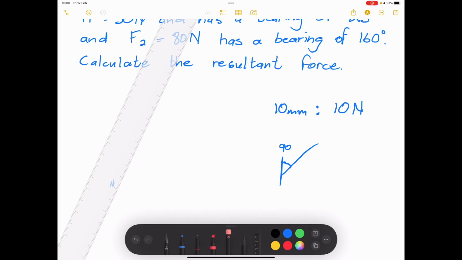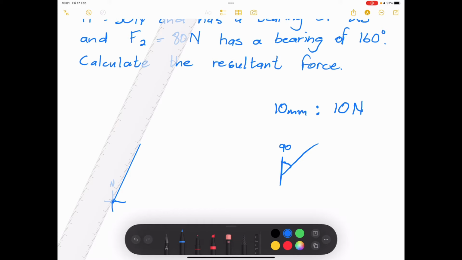I keep making a mistake, erasing there instead of drawing. So that's 1, 2, 3, 4, and 5. So that should be my force F1.